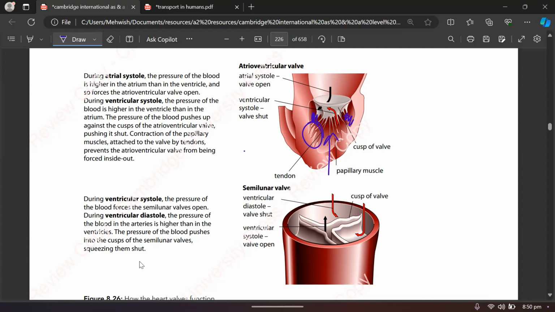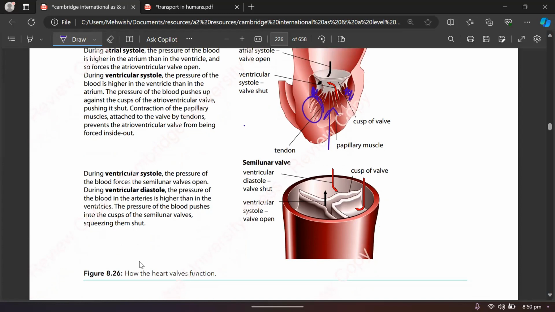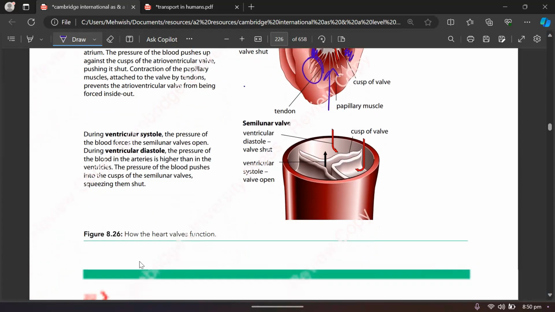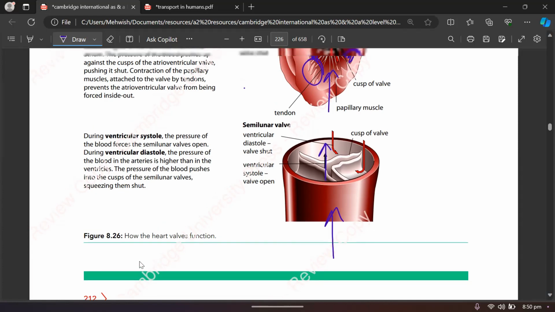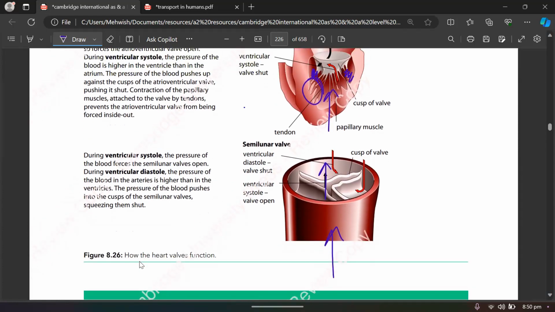And here you can see how the semilunar valve is opening and how it is closing, because the semilunar valve is present between the ventricles and the pulmonary artery and the aorta. So when the blood from the ventricular side comes here, it pushes the blood into the pulmonary artery or aorta. And when it tries to go back, the cups will get filled up with the blood. These are the cups, right?